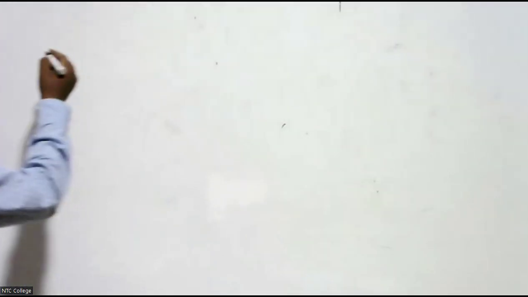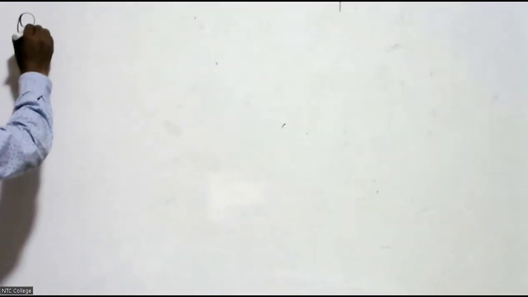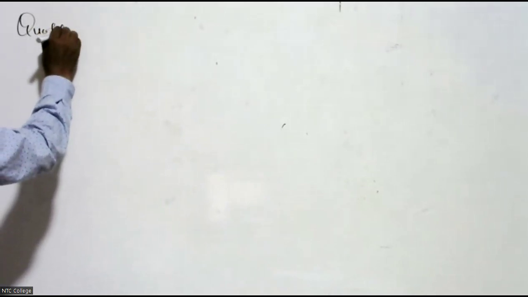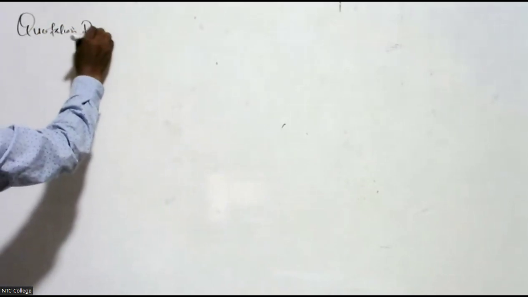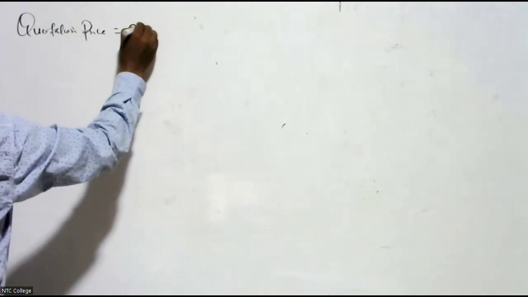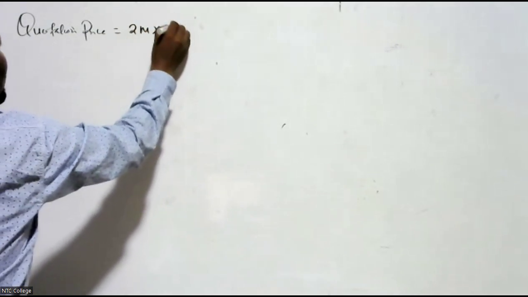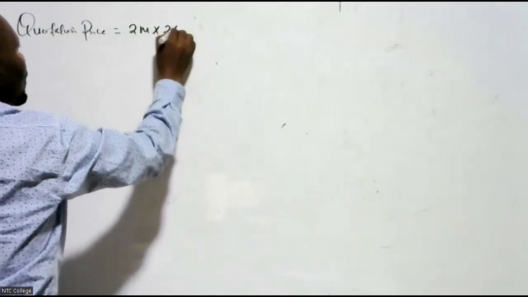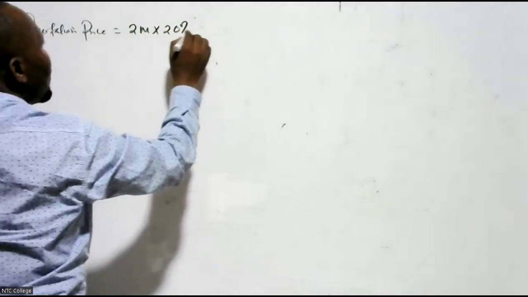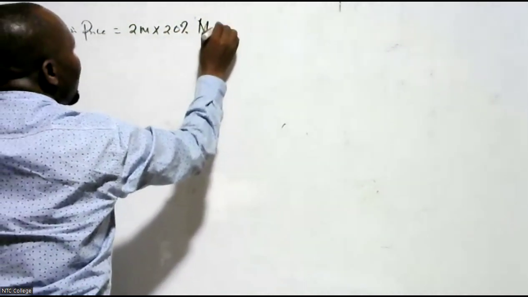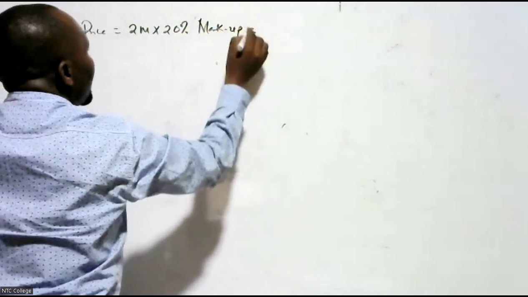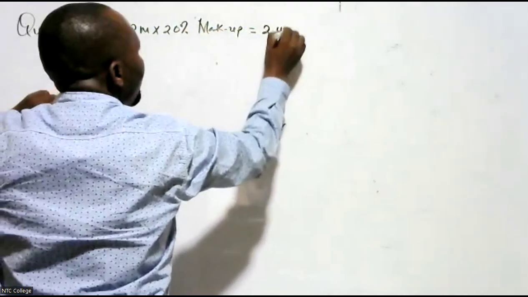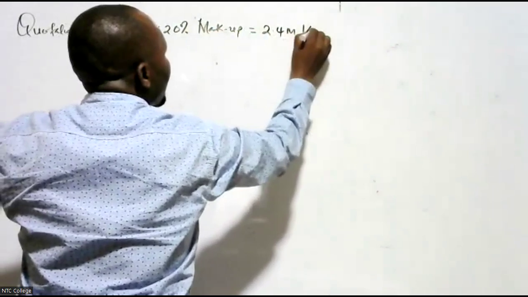So you say that the quotation price is 2 million times the 20% markup, which gives you 2.4 million Kenya shillings.